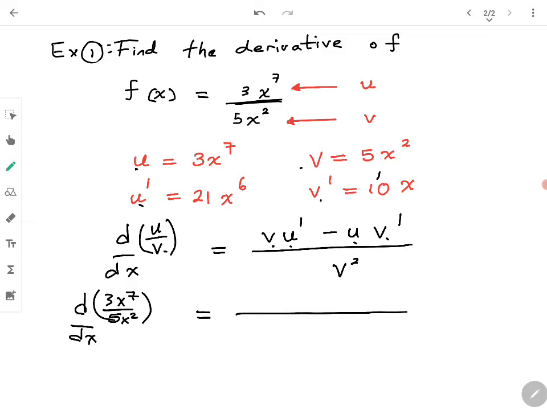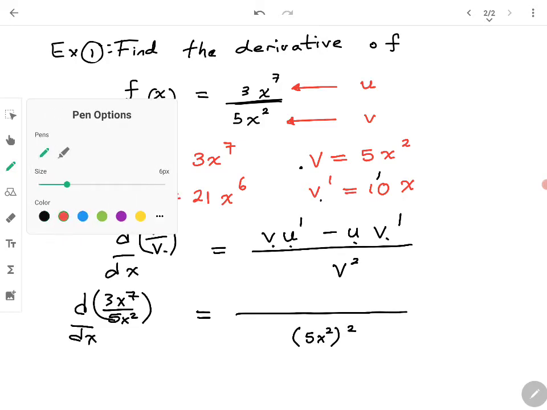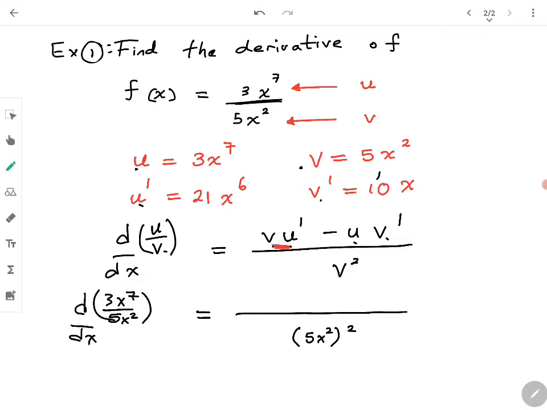The denominator is v squared, so 5x squared, squared. Then the first term in the numerator is v times u prime. So we multiply these two terms.